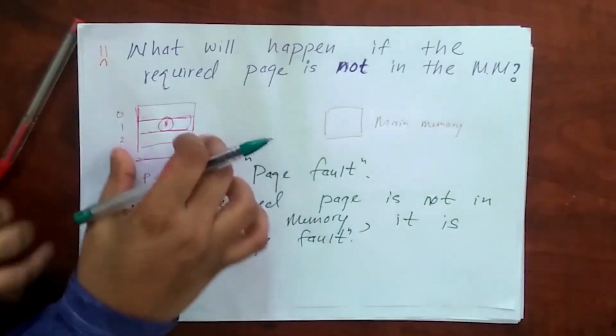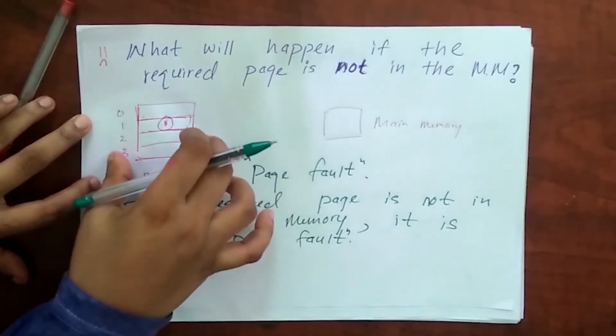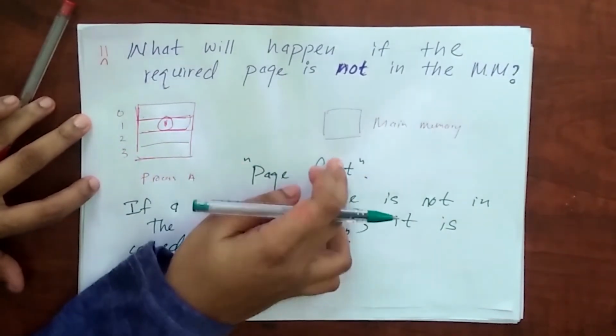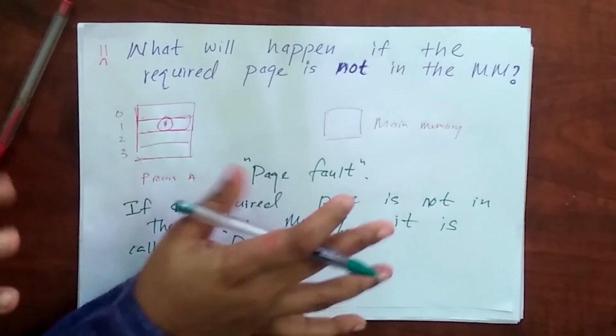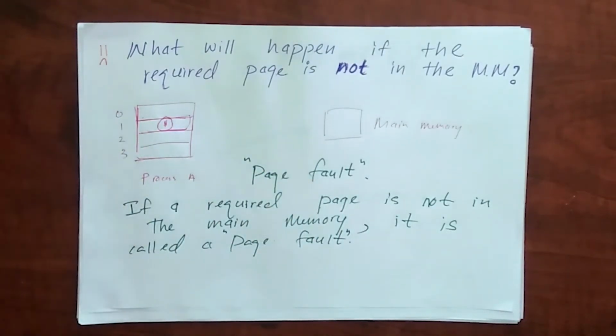So when a page which is required by the CPU to execute is not in the main memory, it is a page fault. So what happens when a page fault occurs?